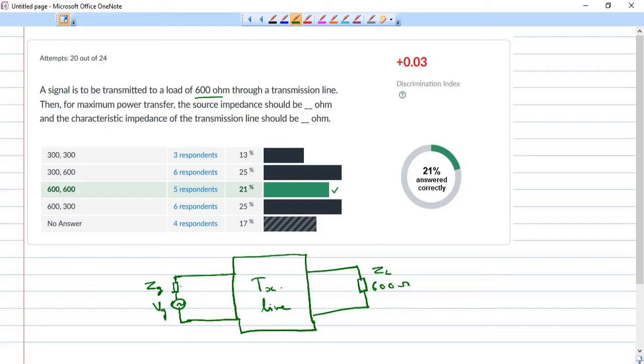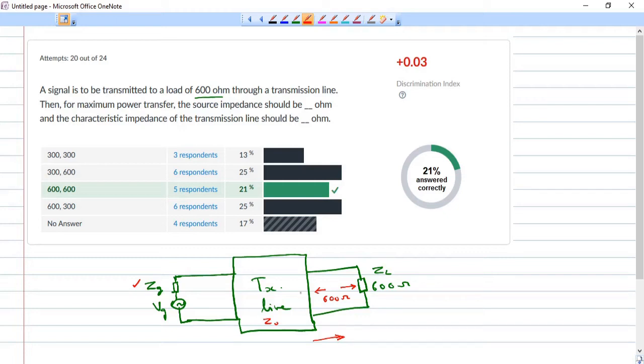So the question is, what should be the value of this source impedance? Also, what should be the characteristic impedance of this transmission line, so that maximum power is transferred to the load? The condition is that we have a load of 600 ohm, so the impedance when looked from here should also be equal to 600 ohm, so as to ensure that the maximum power is transmitted from the transmission line to the load.